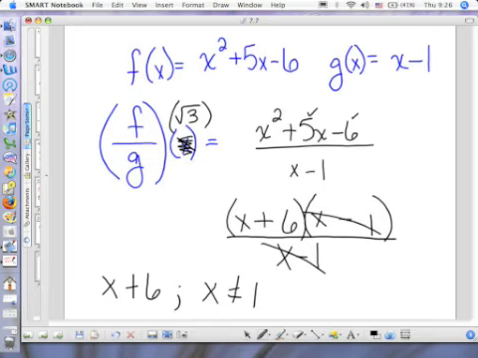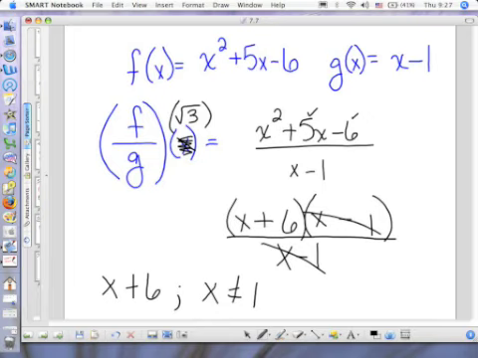You can put them together first and then simply say, well, this is equal to the square root of 3 plus 6. Okay? So it's a way to simplify it all down so you don't have to work with all those calculations. You can just plug it into the ending.